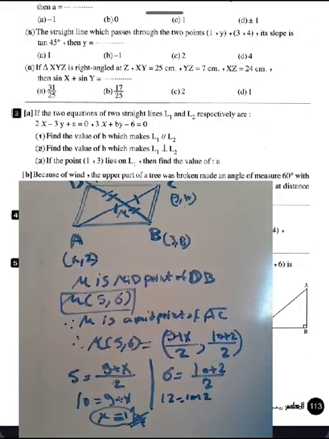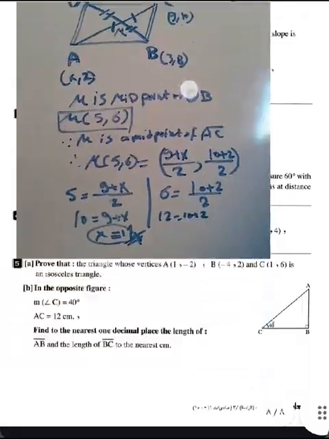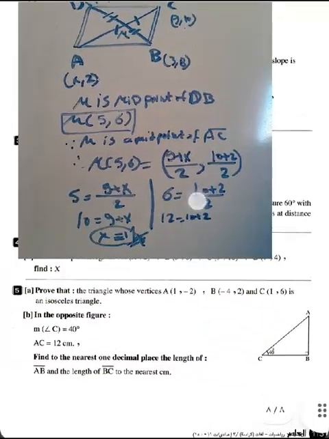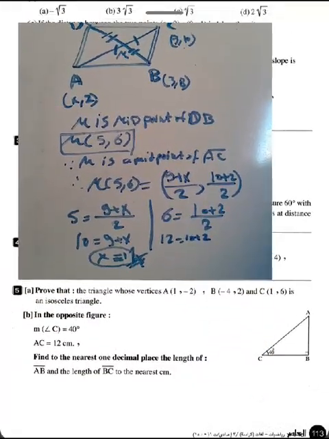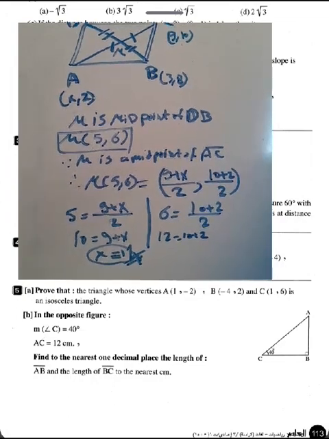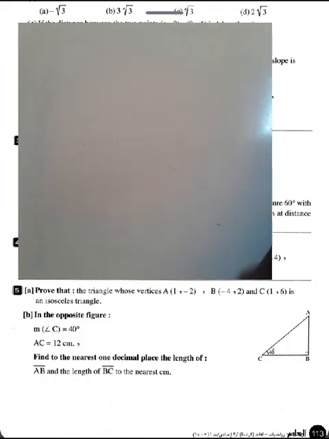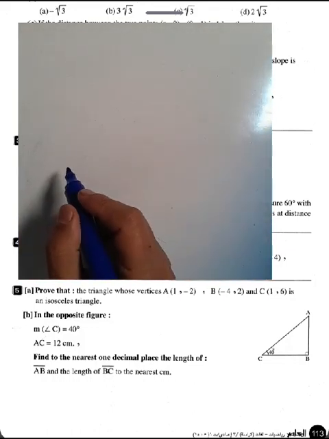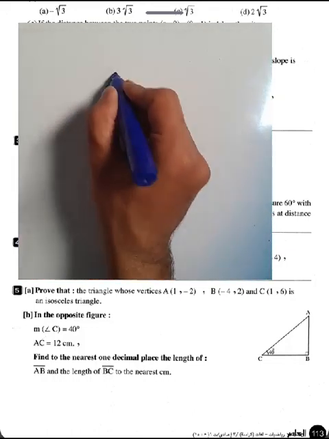Okay, next question, question number 5. Prove that triangle ABC is an isosceles triangle. We can prove that this triangle is isosceles by finding the lengths of the 3 sides.